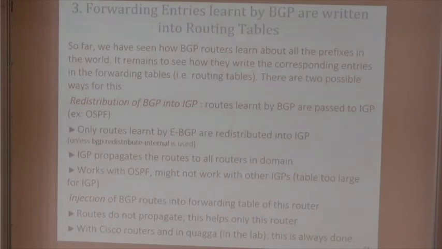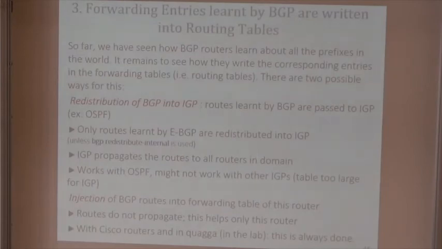We have routing inside the domain, and we have BGP routers that have the job of exchanging the information between domains. So ideally, a BGP router should be more like a server than a router. It should exchange the routes and then talk to the true routers that run OSPF to pass into OSPF, for example, the routes they have learned. That would be the normal way to do it.